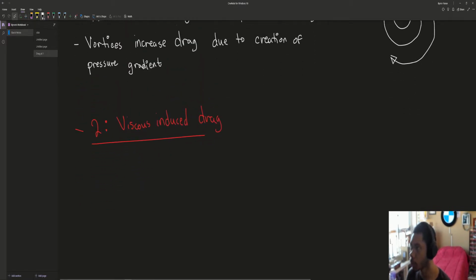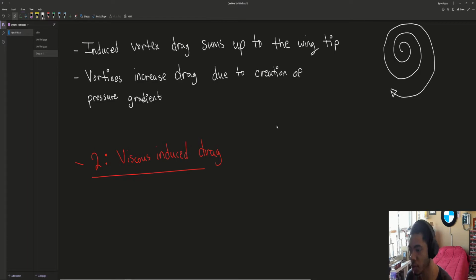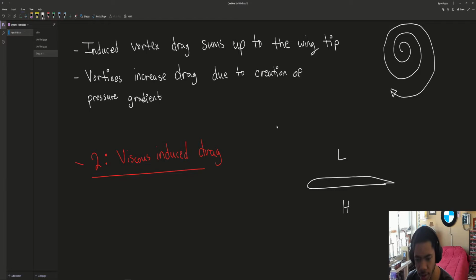Alright. So what do we get out of this induced drag? So what happens is, as the airflow now moves horizontally over the wing due to pressure differences, if we remember, let's try and draw that better. We get a low pressure up here and a high pressure down here.